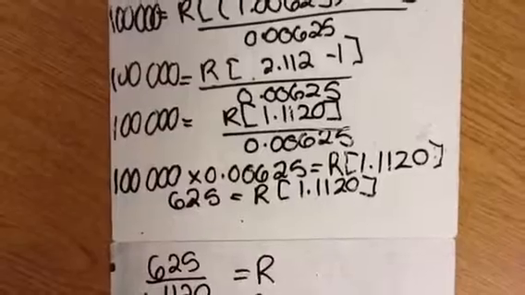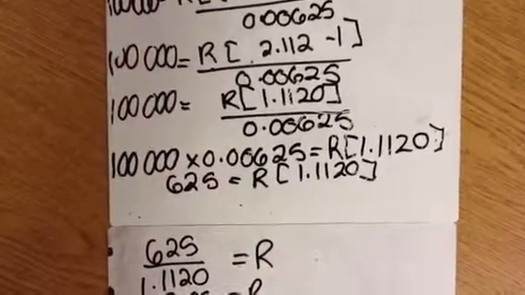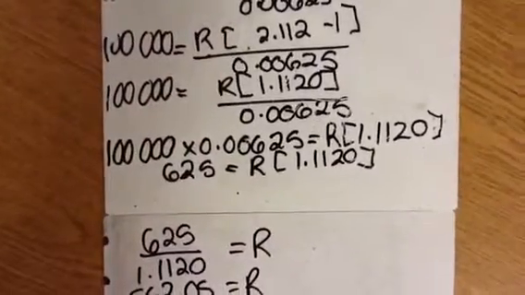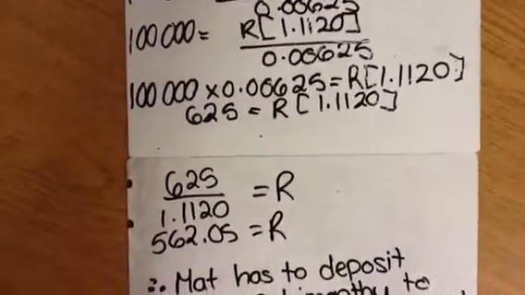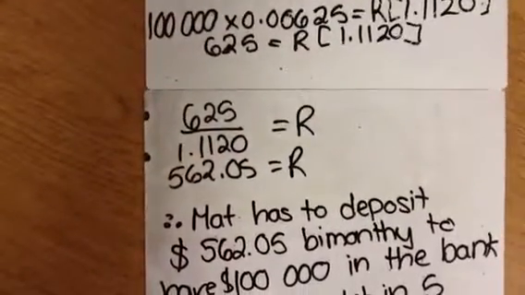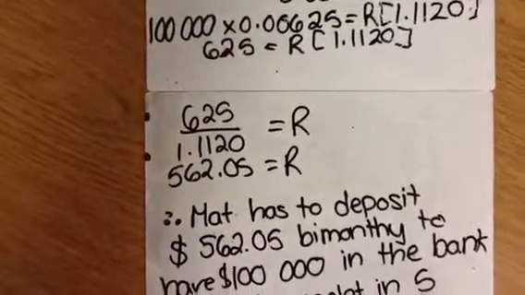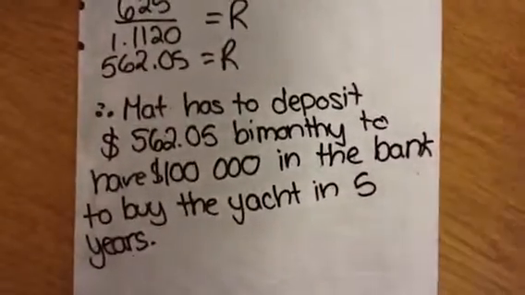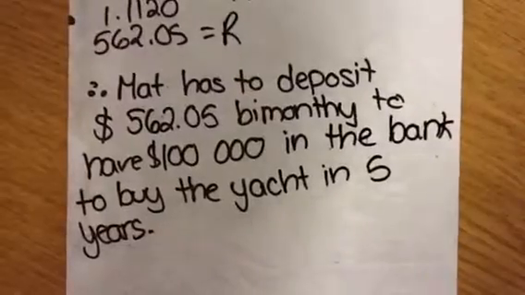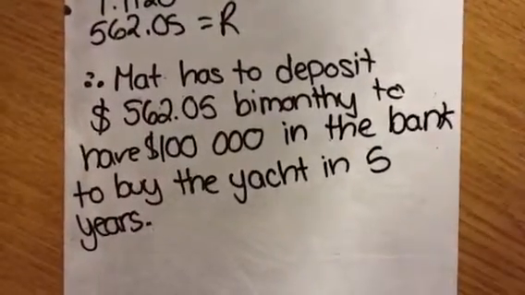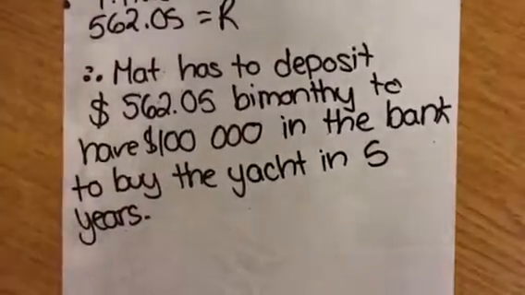Then we'd use 100,000 times 0.00625 equals R bracket 1.1120 bracket, which is 625 equals R bracket 1.1120. We divide 625 by 1.1120, which would equal R.